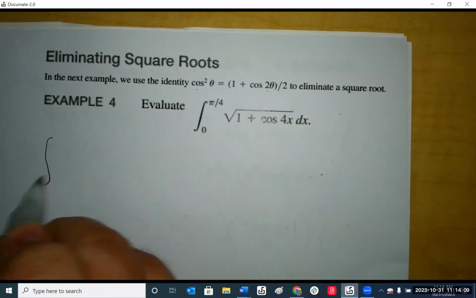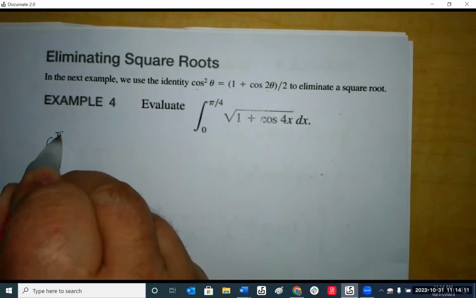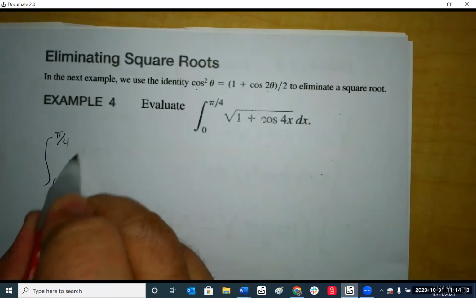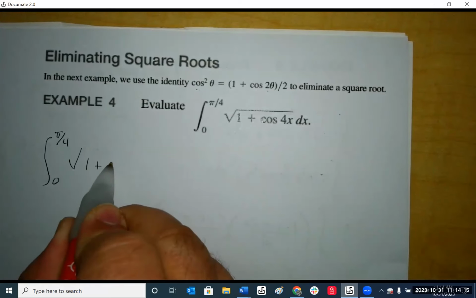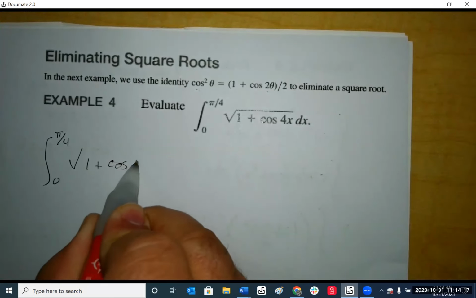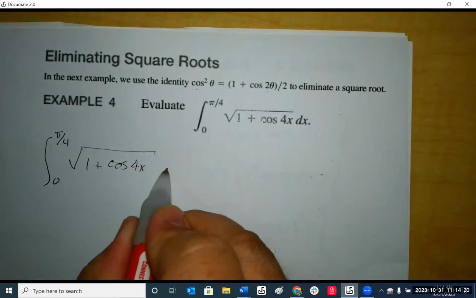So we have the integral from 0 to pi over 4 of the square root of 1 plus cosine 4x dx.